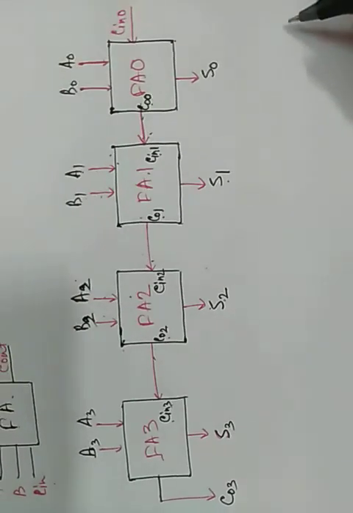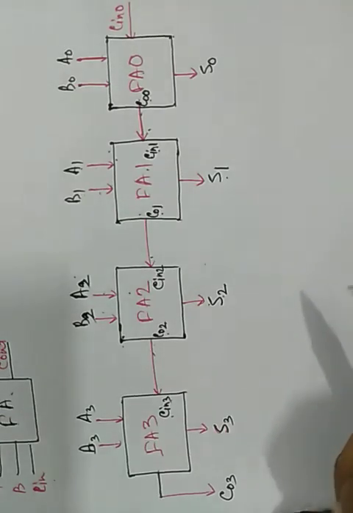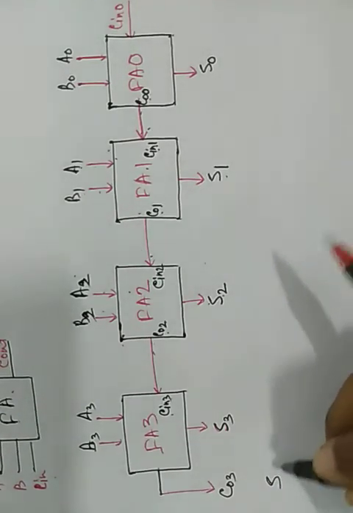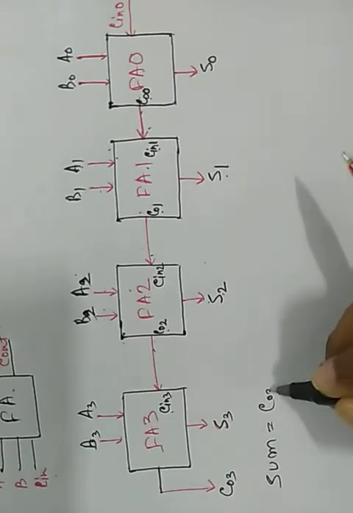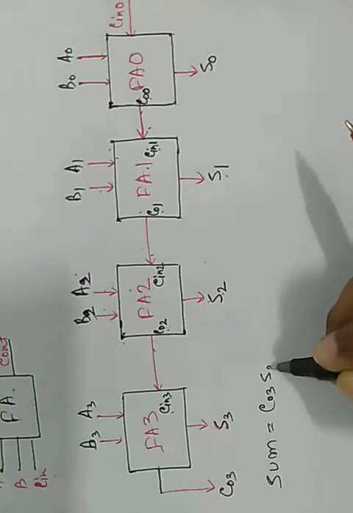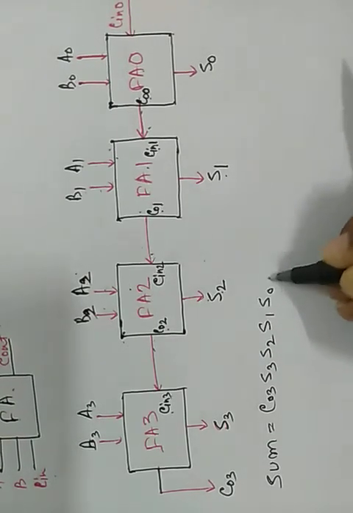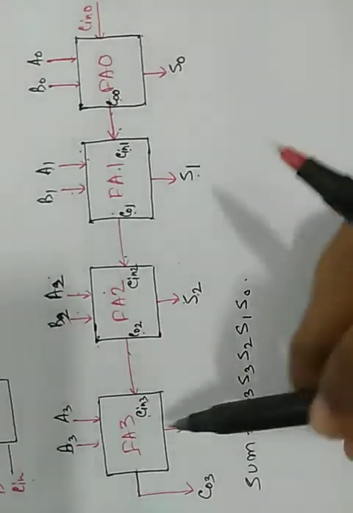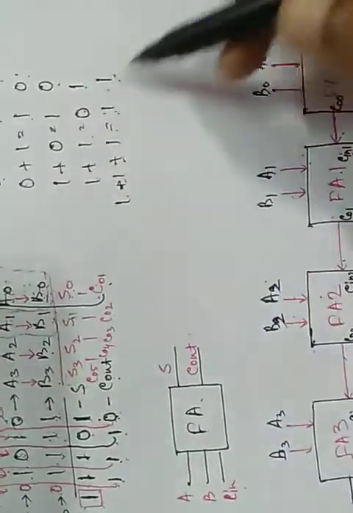So this is the construction of a full adder circuit for addition of 4-bit numbers. So the result sum is C out 3, S3, S2, S1, S0. Okay, but whenever you draw this diagram, this portion I have done only to explain to you.